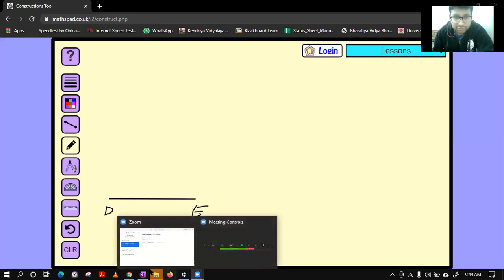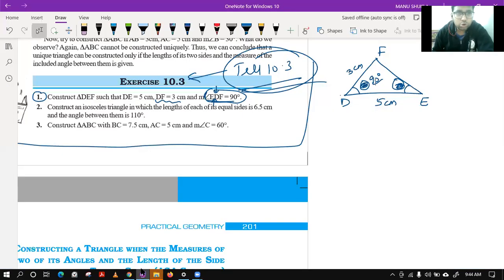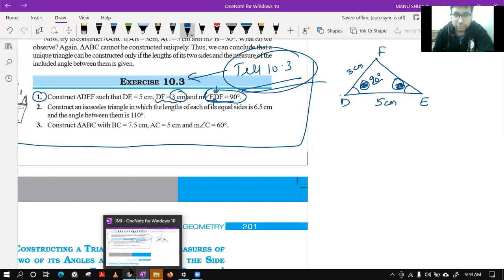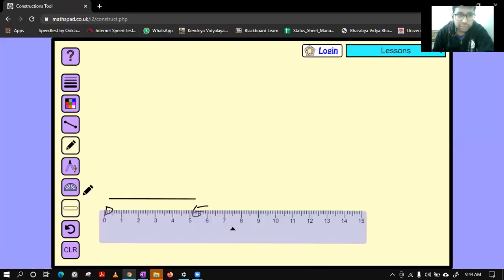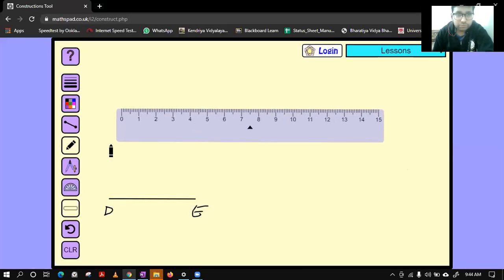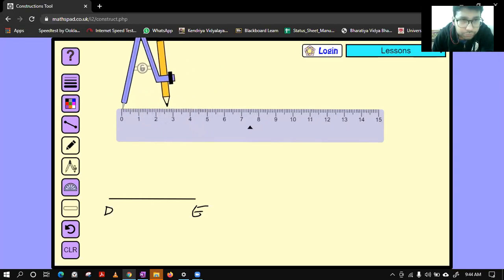The second step is to draw an arc keeping the compass on D of length 3 centimeter because we want to draw DF. So let's take an arc of 3 centimeter for DF. Let's take the compass, let's open it, keeping on 0, open till 3.